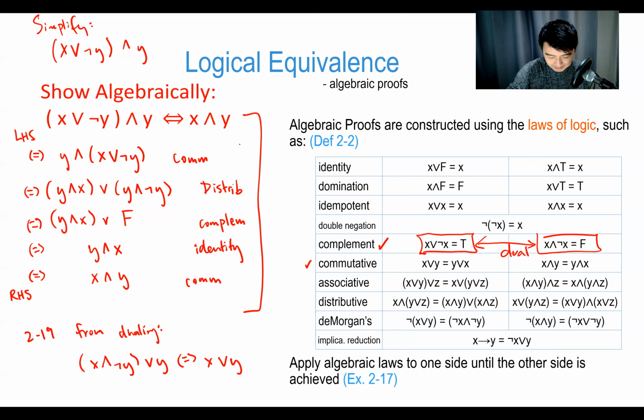So you notice that this is the dual of what we had up there. And we don't even need to prove this, right? If we prove one, then immediately the other one is also true.